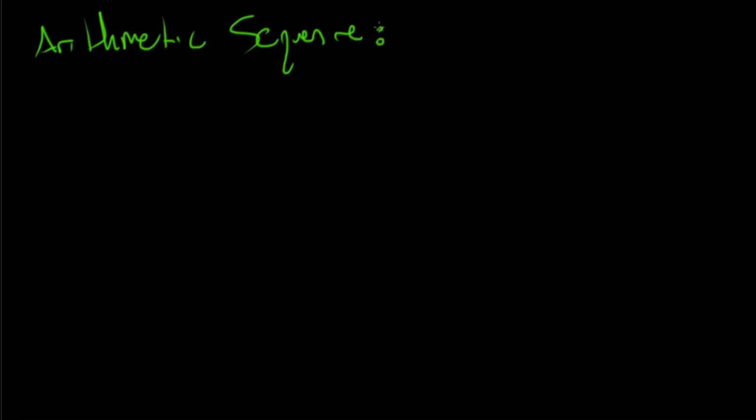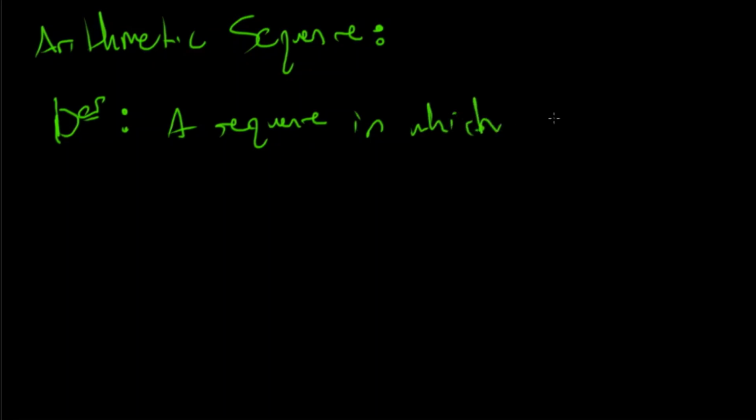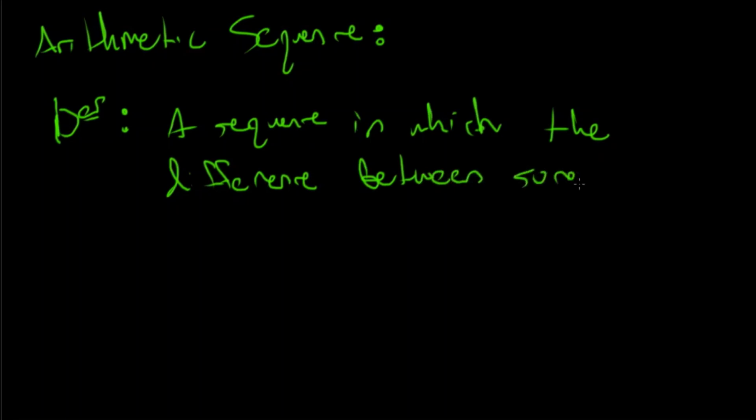An arithmetic sequence is a sequence in which the difference between successive terms is constant.